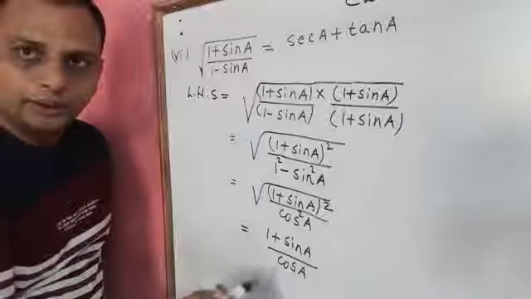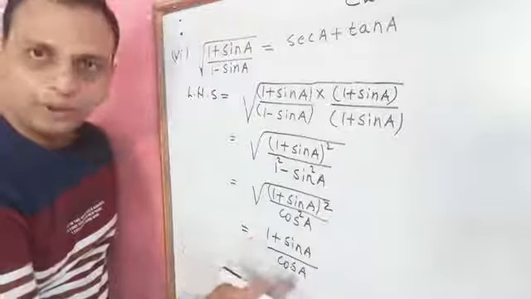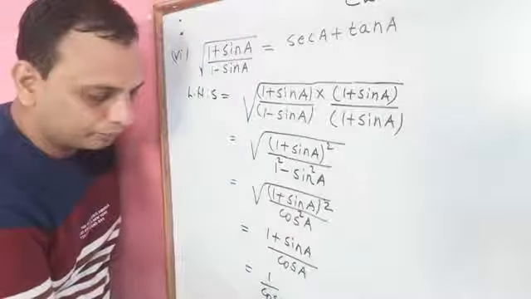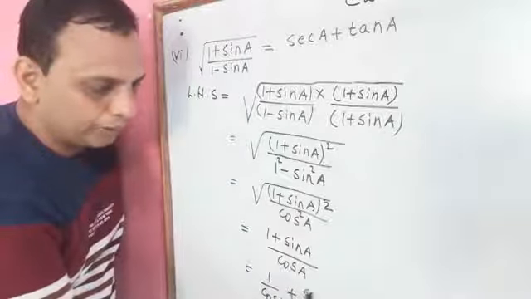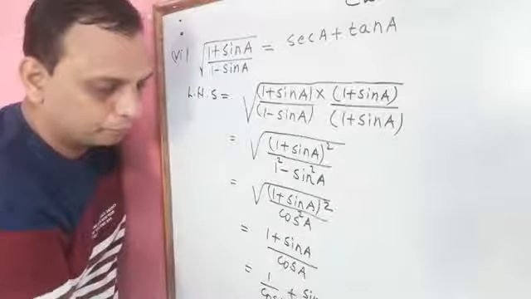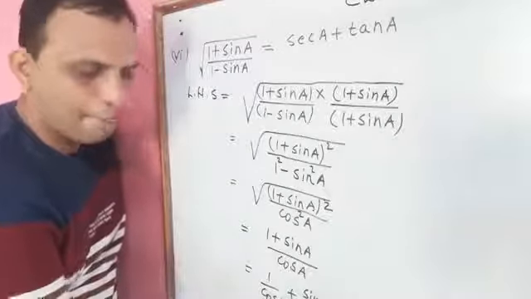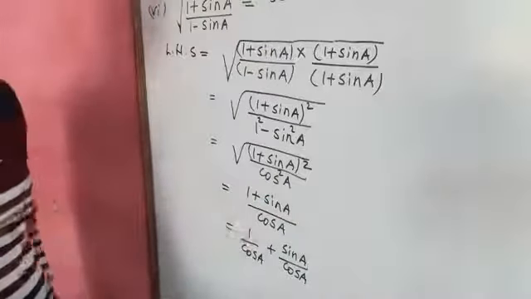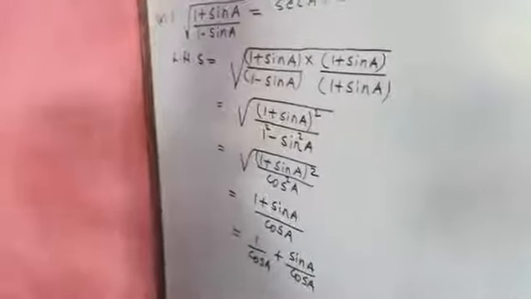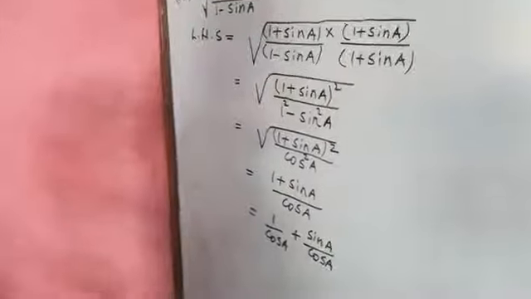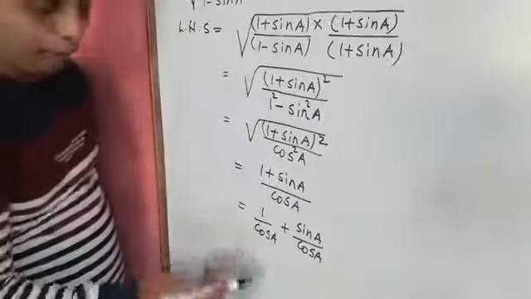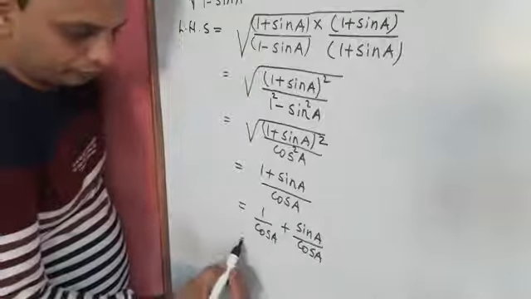So now the denominator is cos A, so I am going to bring the denominator: 1 upon cos A plus sin A upon cos A. You can see here 1 upon cos A is equal to what?